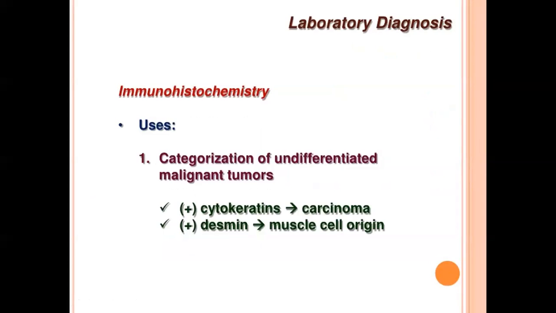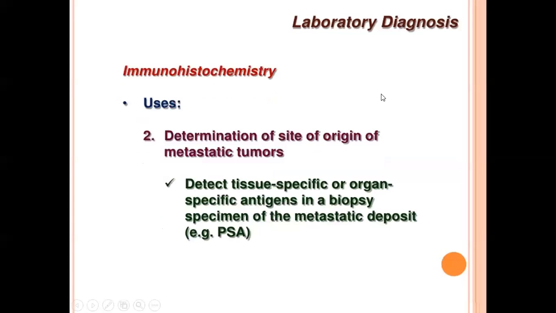Now immunohistochemistry is used for categorization of poorly differentiated malignant tumors: cytokeratins are used for carcinoma, and desmin for neoplasia of muscle cell origin. It is used to determine the site of origin of metastatic tumors.